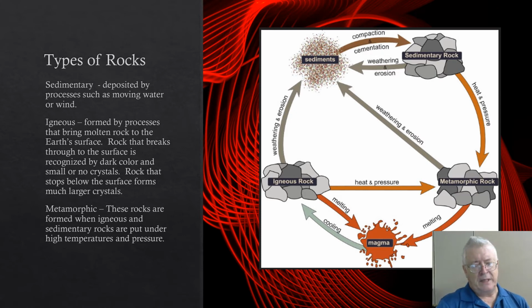It hardens quickly, and there are bubbles that burst, and that's what causes the holes. Basalt is another rock that breaks the surface. Basalt is very dark black or dark gray, and there are no crystals in it. It's just a solid rock.